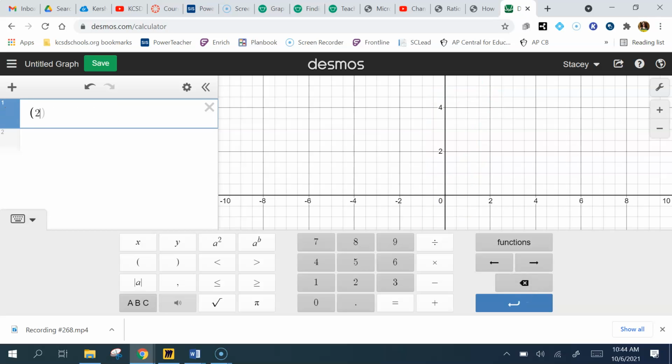I looked at the wrong one in your book. x to the third, 2x squared, minus 2x squared, plus x minus 1, divided by 2x minus 1.